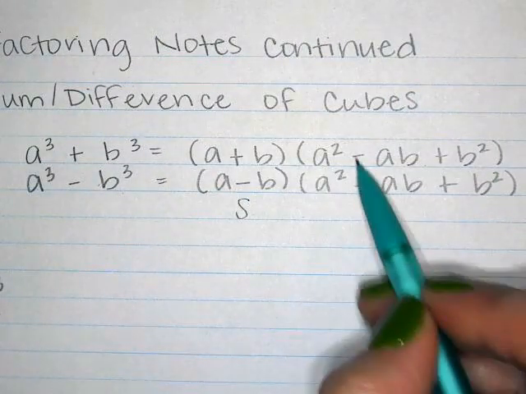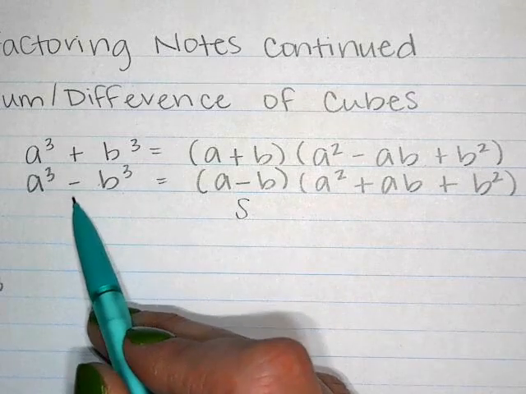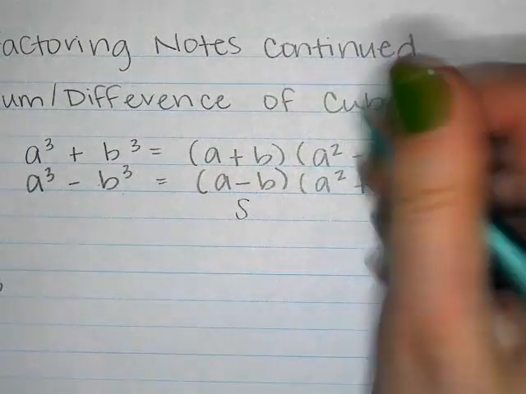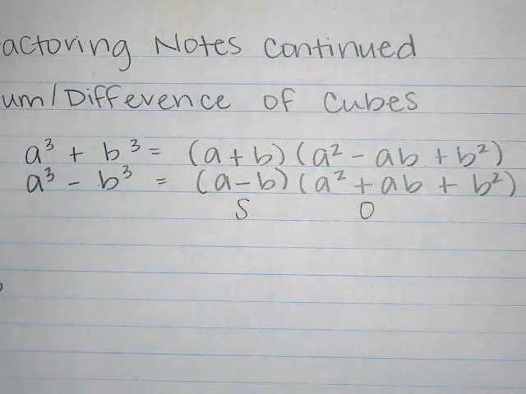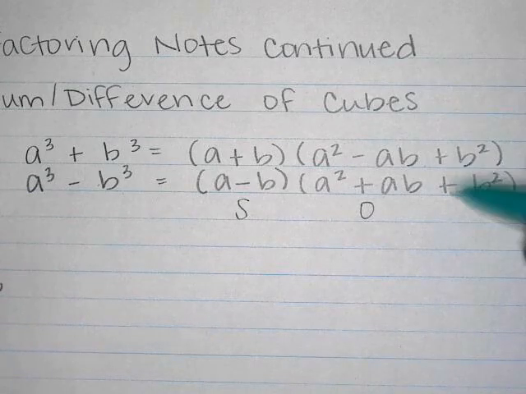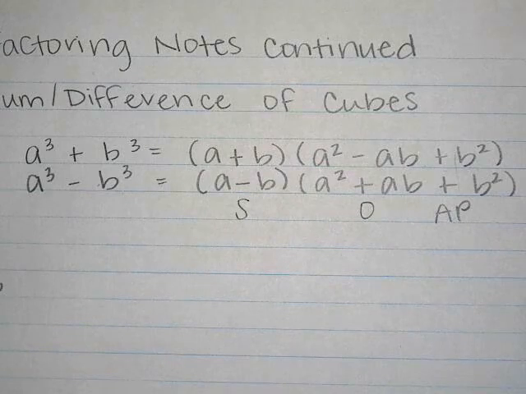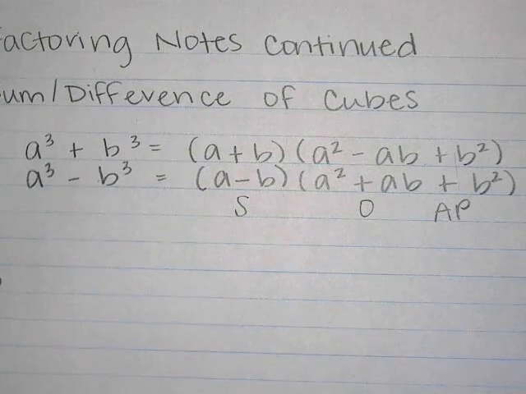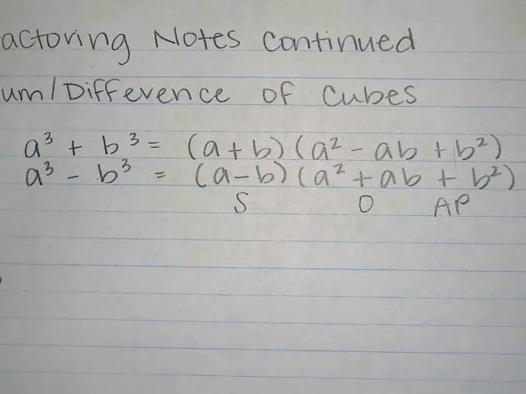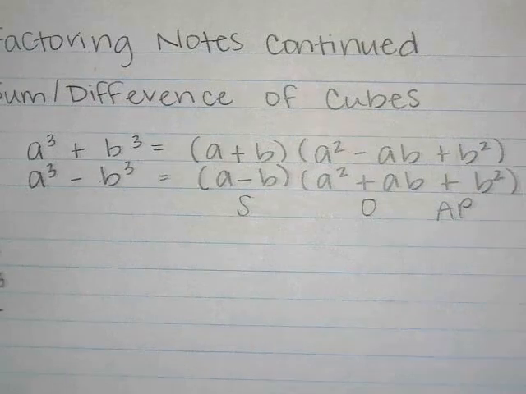The second sign is the opposite of the sign of the problem. And then the last sign is always positive. So to remember my signs, I think of SOAP. Same sign, opposite sign, always positive. Okay? So SOAP helps me get my signs.